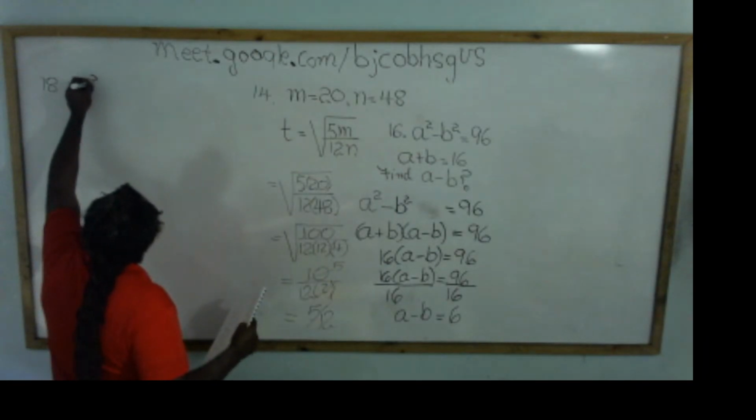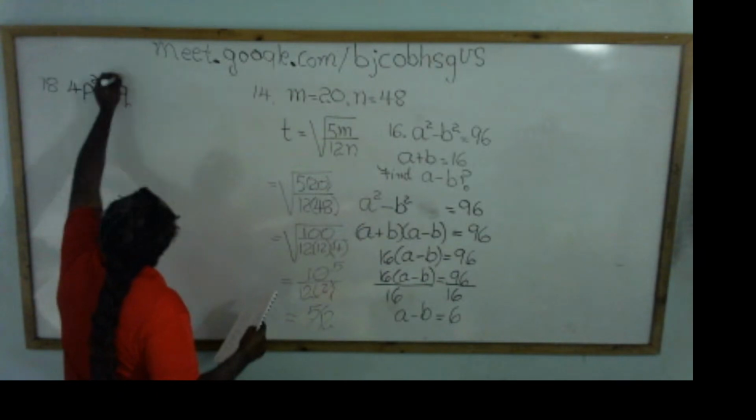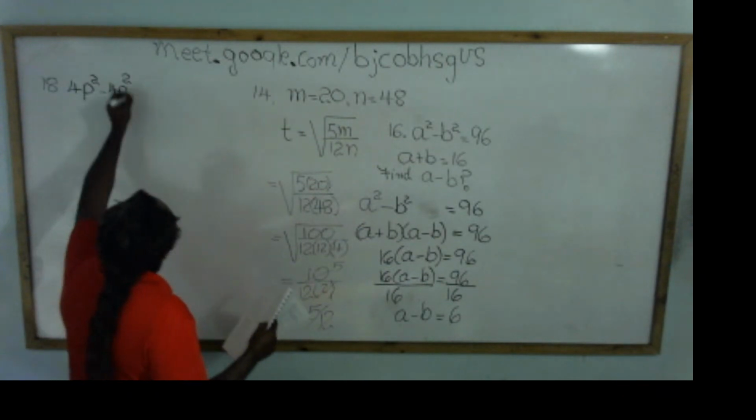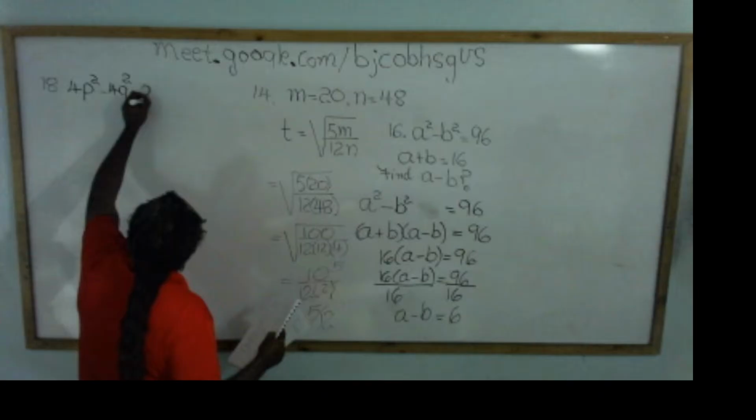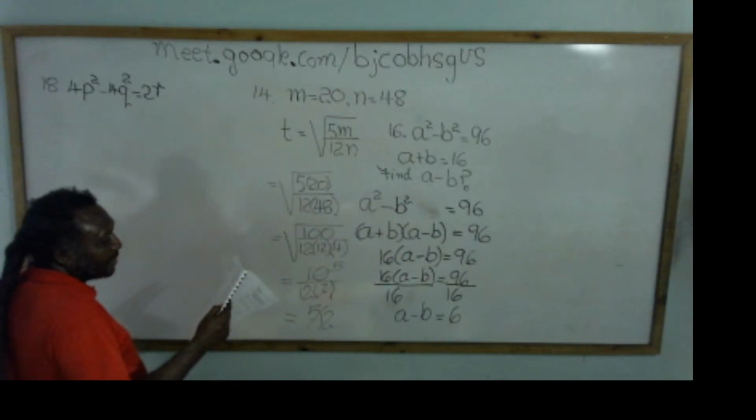4p squared minus 4q squared is equal to 2r. P plus q is equal to r.